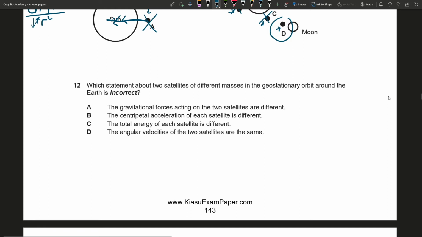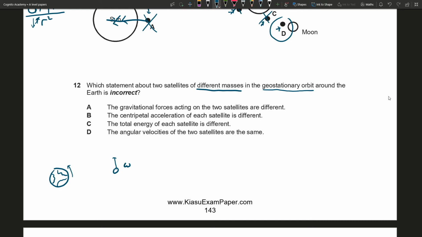Question 12. Which statement about two satellites of different masses in the geostationary orbit around the Earth is incorrect? Let's recall what the geostationary orbit is. Basically, a satellite orbits at a height where the angular velocity of the satellite is the same as the angular velocity of the Earth, so the satellite turns at the same rate as the Earth.